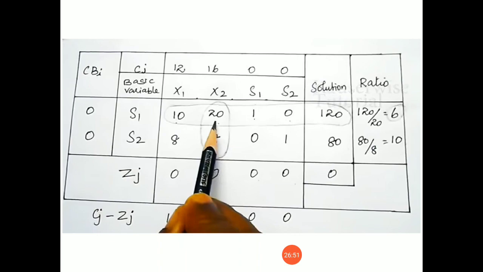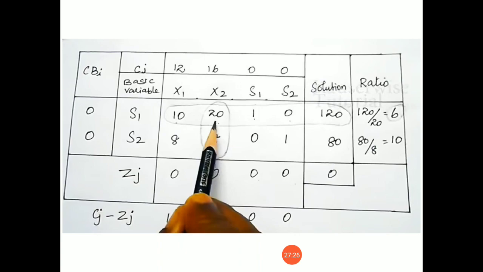And the key element that I found from the initial simplex table was 20, that I have already discussed. So I will be dividing the elements of this row, that is corresponding to S1, with the key element to get the row for the iteration 1 table.